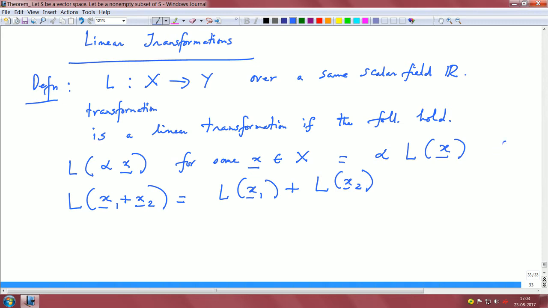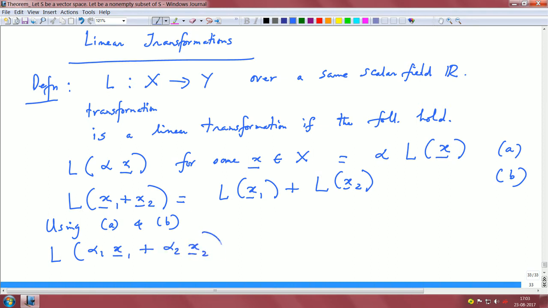Right. Let us call this A, this is B. So using A and B, L of alpha 1 x1 plus alpha 2 x2 is alpha 1 L of x1 plus alpha 2 L of x2.